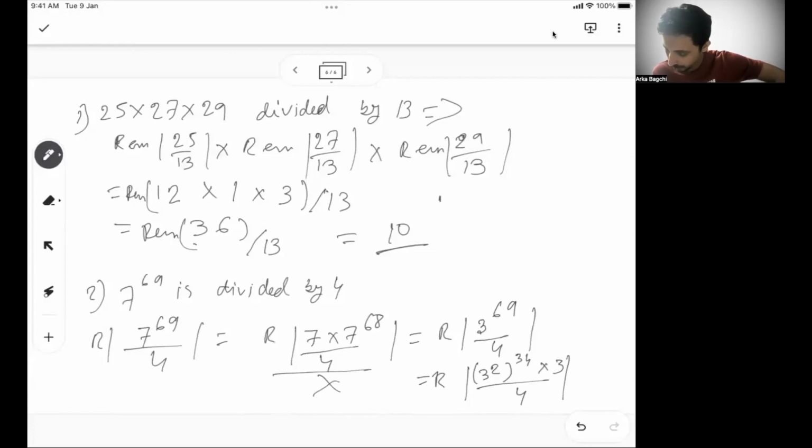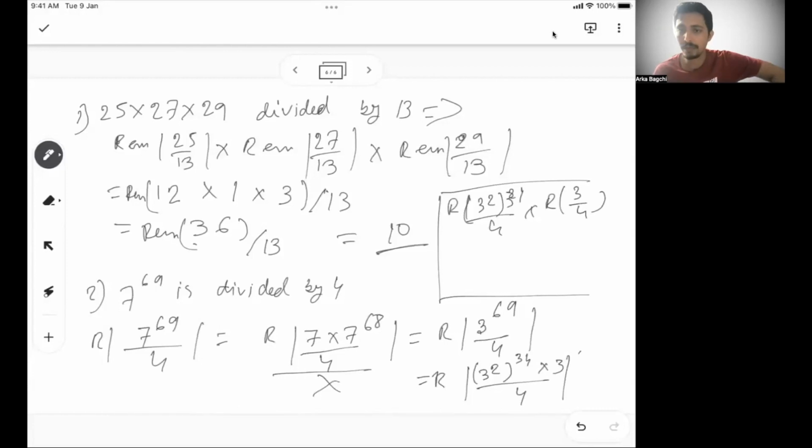So let's see what I get. So from here, the remainder of 3 square to the power 34 divided by 4 into the remainder of 3 by 4. Now the remainder of 3 by 4 is 3. And 3 square is 9. 9 divided by 4, remainder of 1. So it's nothing but the remainder of 1 to the power 34 by 4. So the final remainder is 1 into 3. Answer is 3.